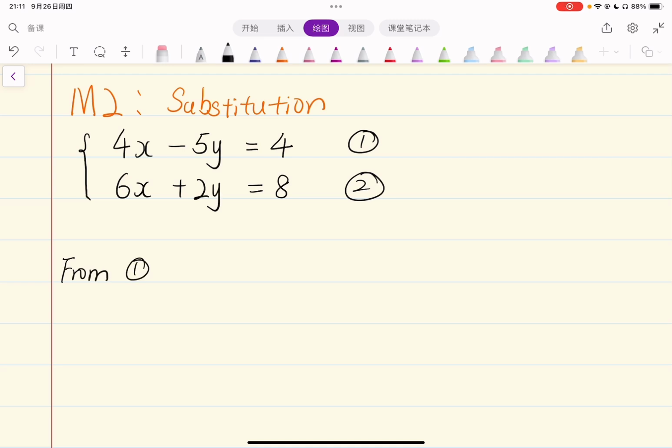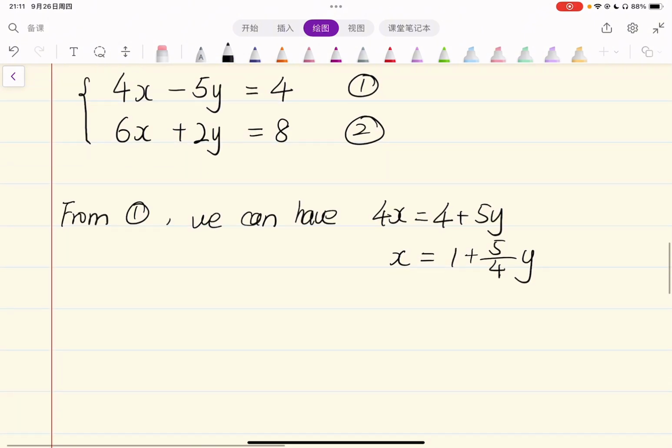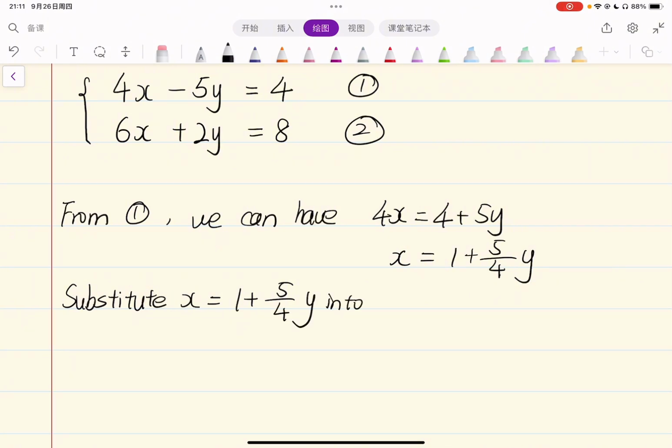Then from equation 1, we can have 4x equals 4 plus 5y. Then x equals 1 plus 5 over 4 y. Now we can substitute x equals 1 plus 5 over 4 y into equation 2.